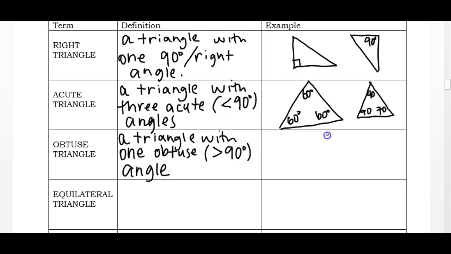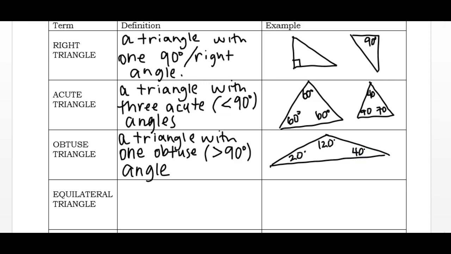So I'm going to draw a triangle like this maybe. And I could have something like 120 degrees and maybe 20 degrees. And then maybe 40 degrees. But one of the angles is bigger than 90.